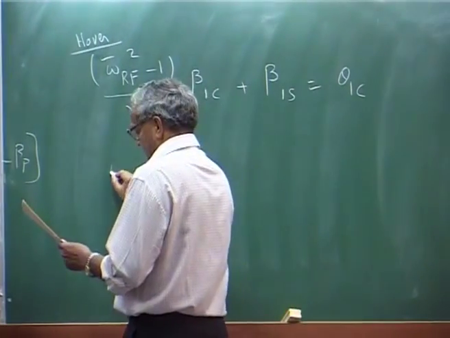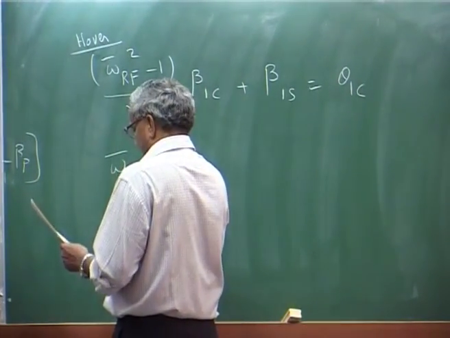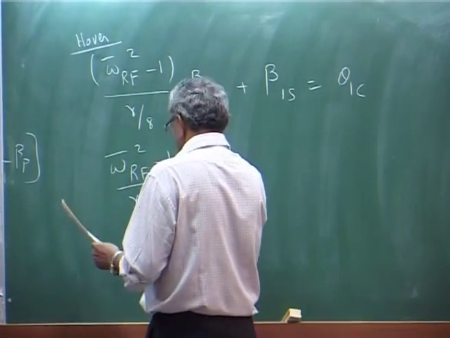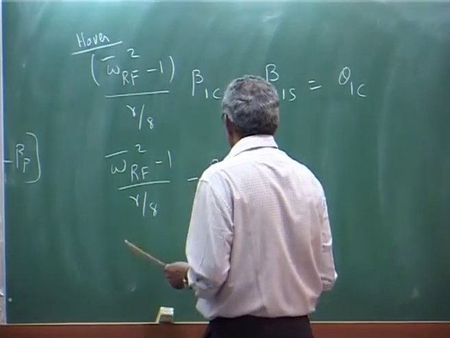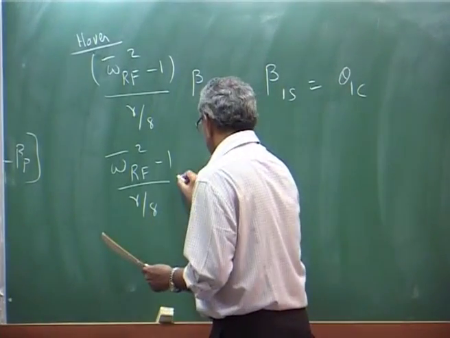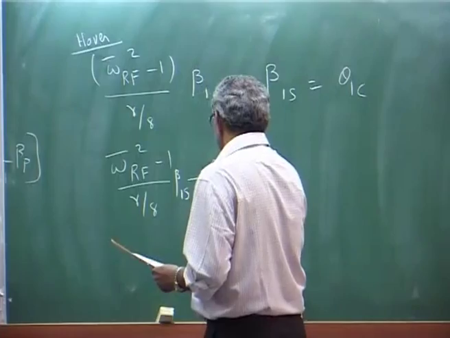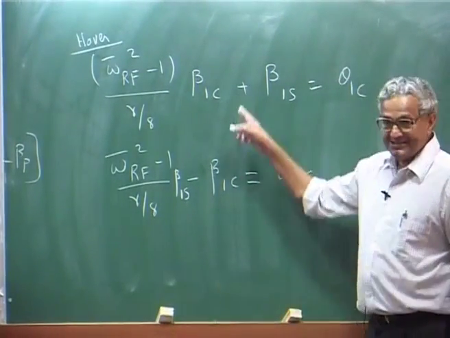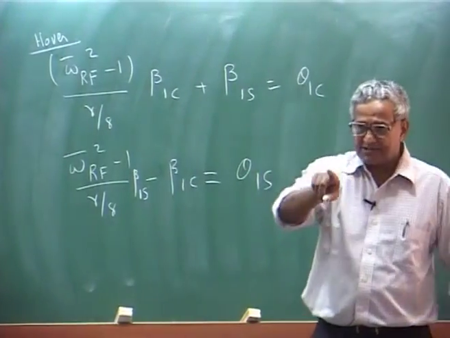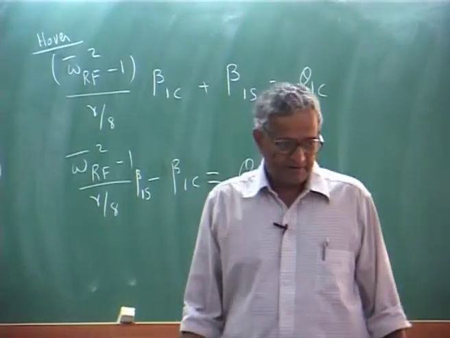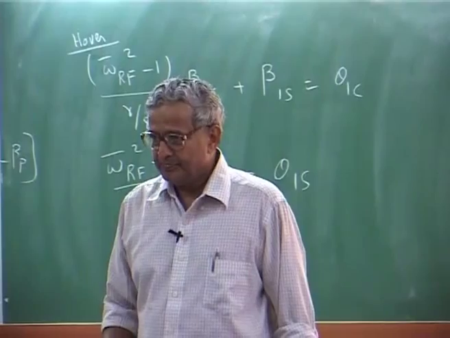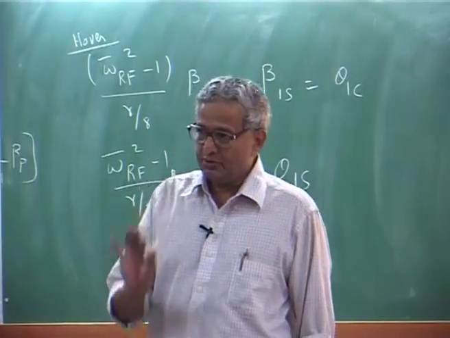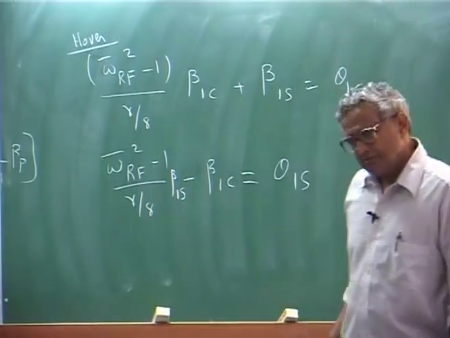And then RF square minus 1 divided by gamma over 8 minus beta 1 c, sorry, beta 1 s equals theta 1 s. This is the relation which is reduced from last time I wrote the long expression. From there, if you put mu 0, you will get this expression, particularly in hover case. We are looking at hover first.